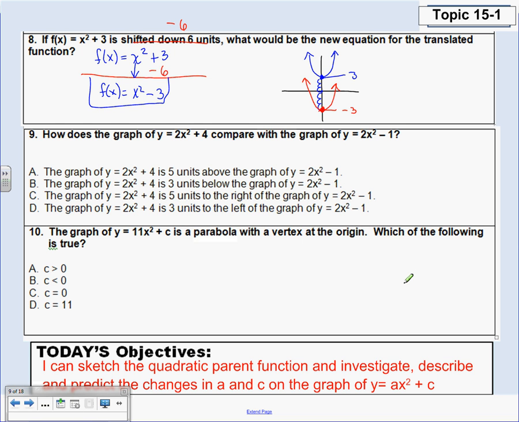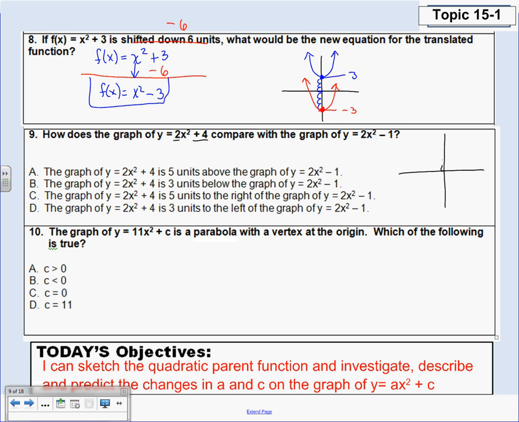Number 9, how does the graph y equals 2x squared plus 4 compare to the graph of y equals 2x squared minus 1? I'm going to, again, sketch a little picture. The 2 just means it's narrower, but the plus 4 means starting from the origin, I'm going to go up 4.